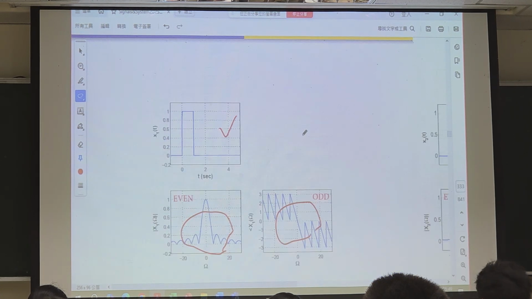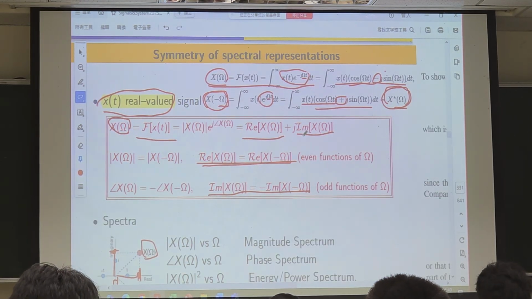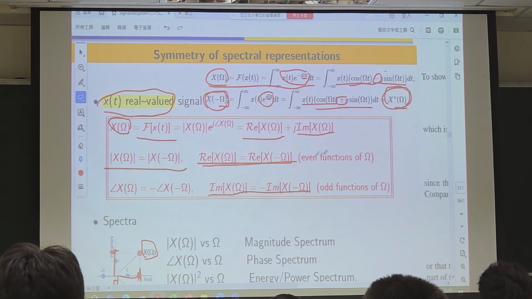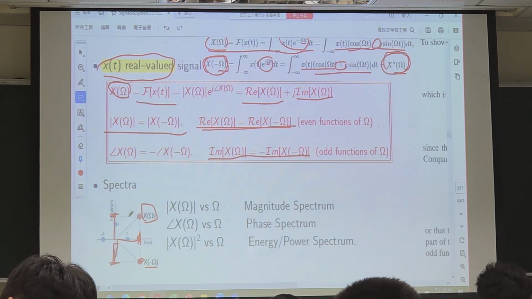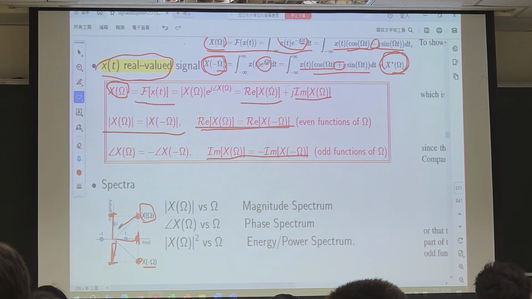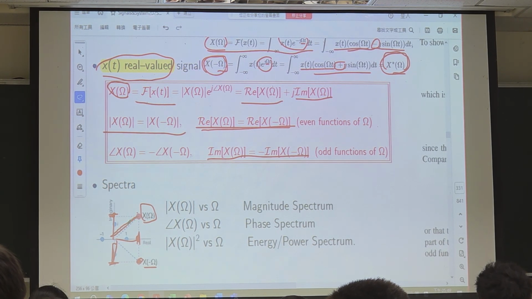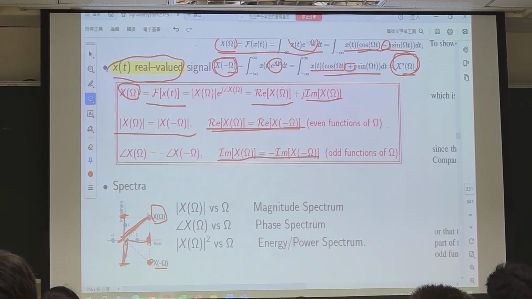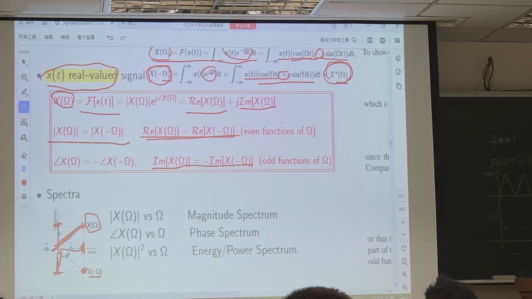The magnitude is symmetric. For positive omega and negative omega, they are the same.